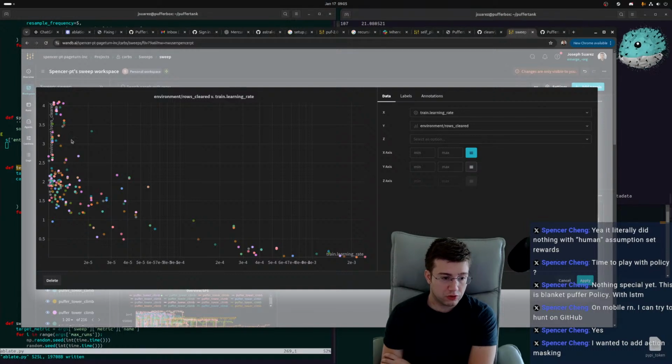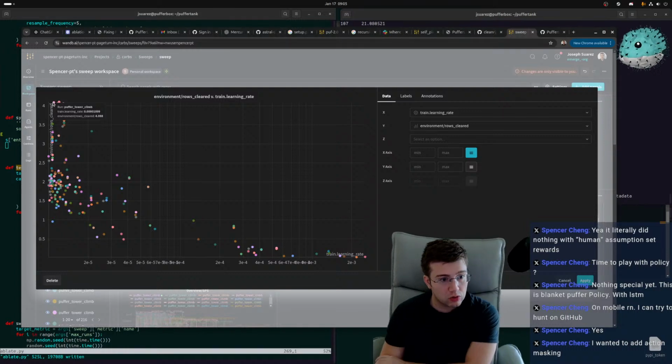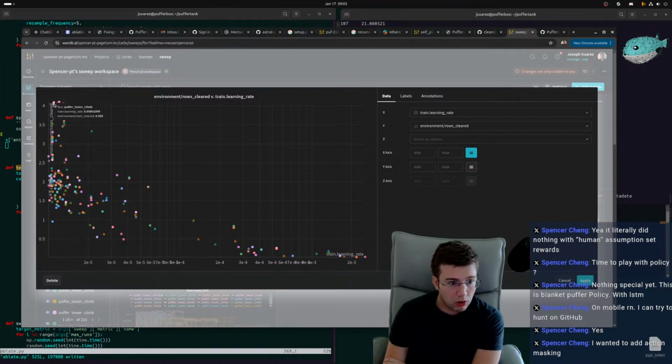This tells you that for your environment, all of these runs to the right are wasted. You can see that the stable range for experiments for you is this very, very low learning rate, 0.0001 to 0.0012 or whatever.